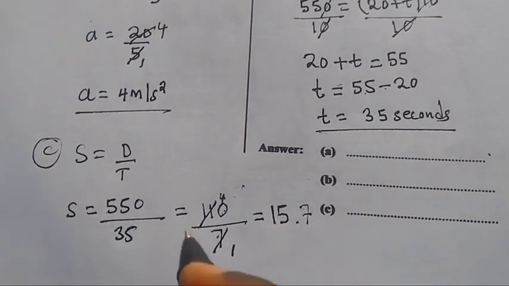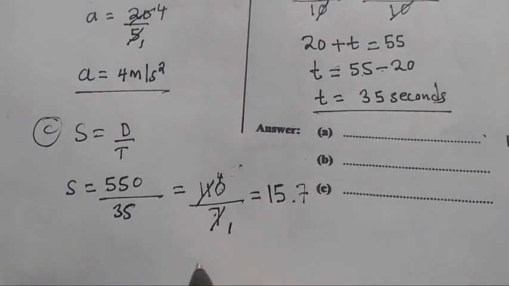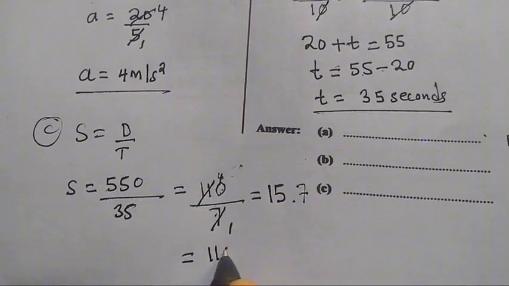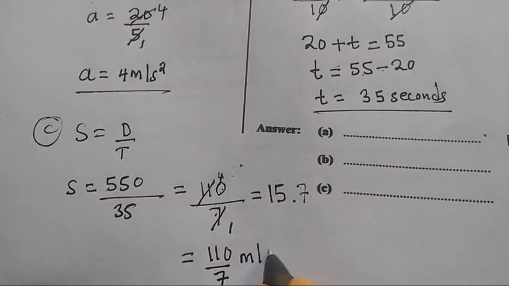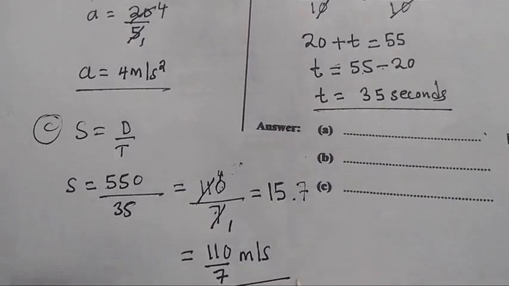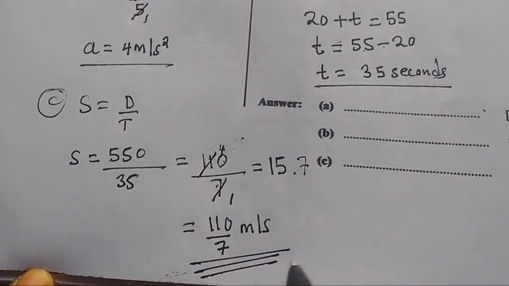All right, so let's just leave our answer at this stage: 110 over 7. This is speed, so you just say meters per second. We leave our answer at this stage, it is fine.